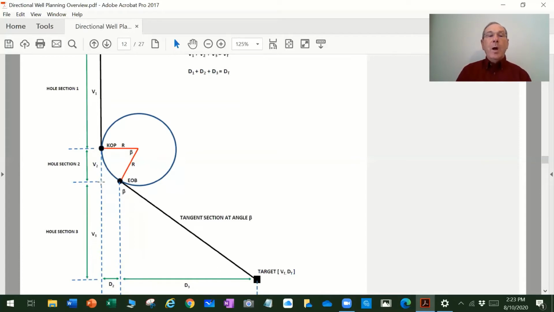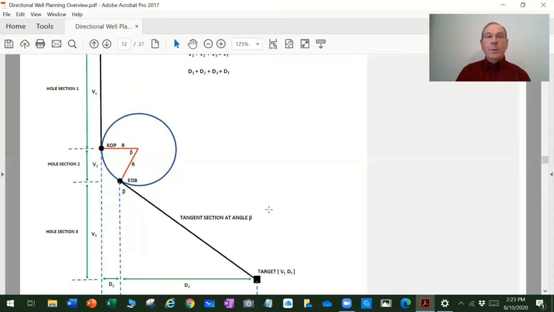And then we're going to hold that angle in the 3rd vertical depth section, from whatever angle we get it built up to all the way to the target. So we've got 3 sections of the wellbore. We're holding vertical angle, we're building angle, and we're holding angle.